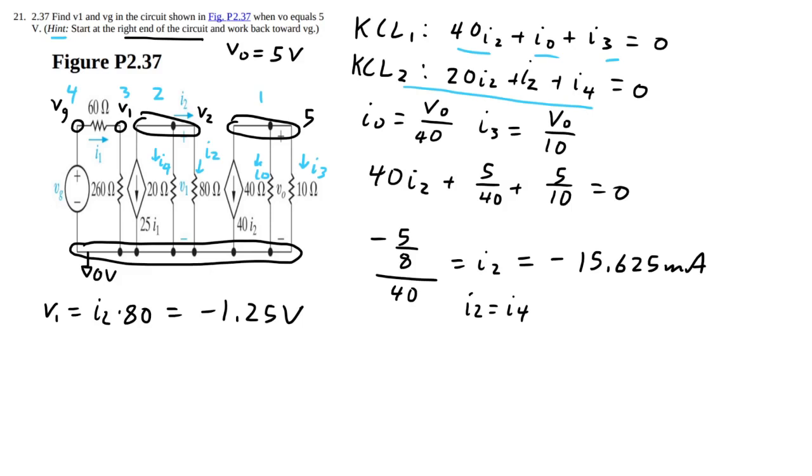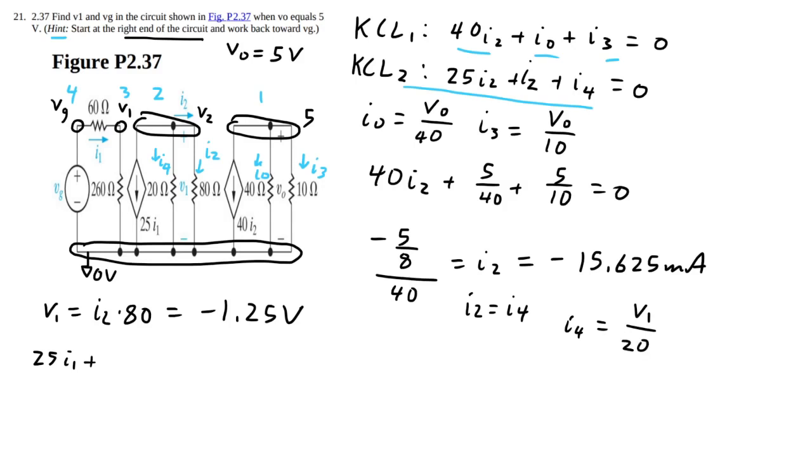So, KCL2, this is not 20, this is 25. 25 I1 plus I2 is known, and I4, we can do a quick equation. That's just going to be V1 divided by 20 ohms.